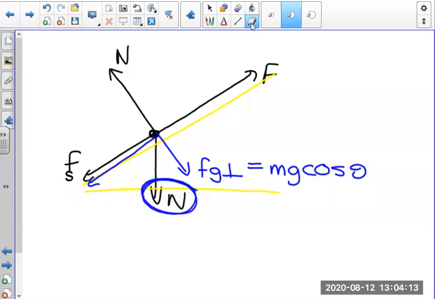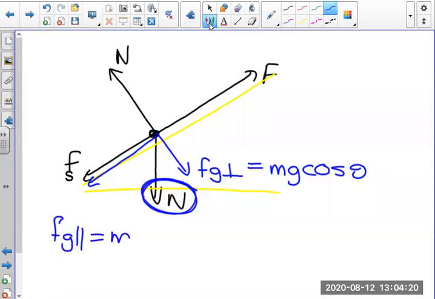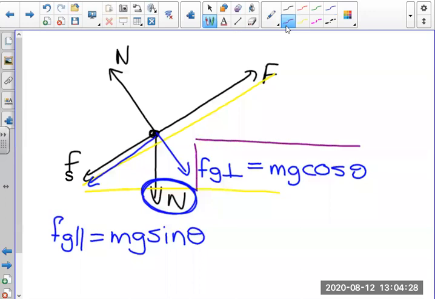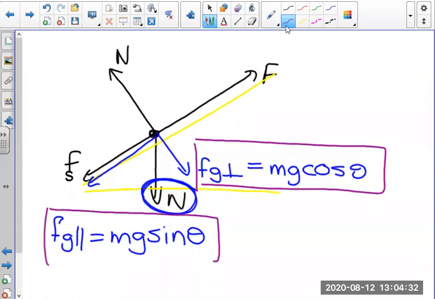So let me just write this one there. I'm going to say Fg parallel equals mg sine theta. These two equations that you see here are not on the information sheet. So you must remember that.